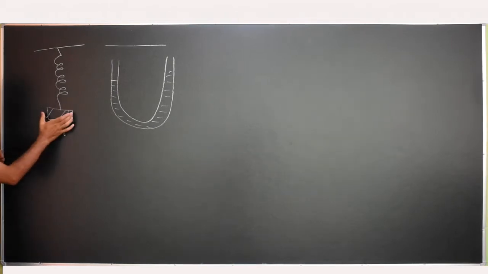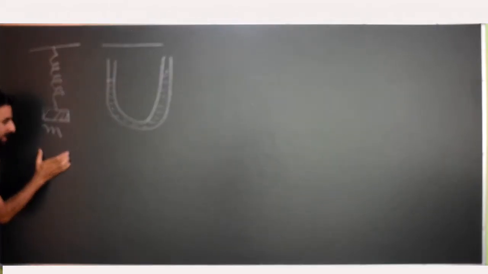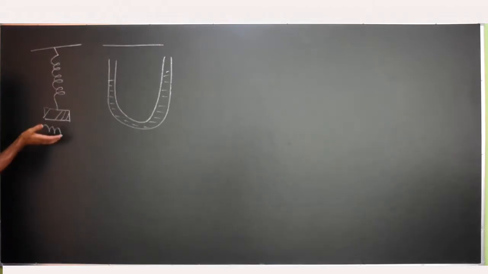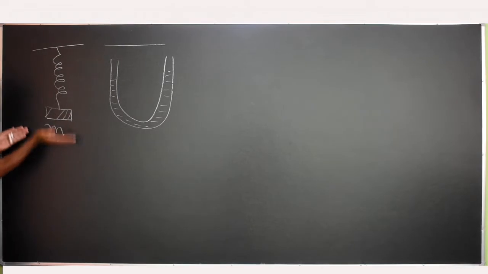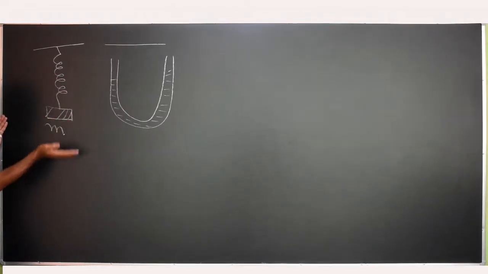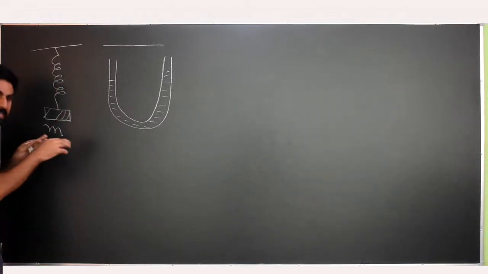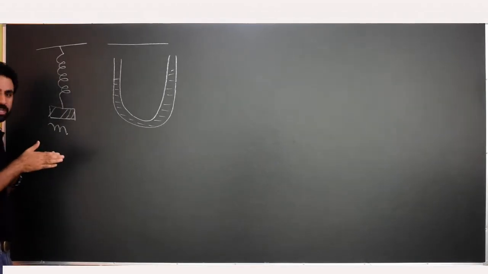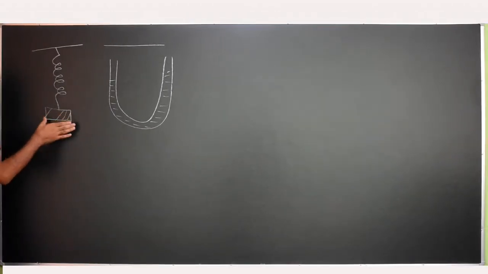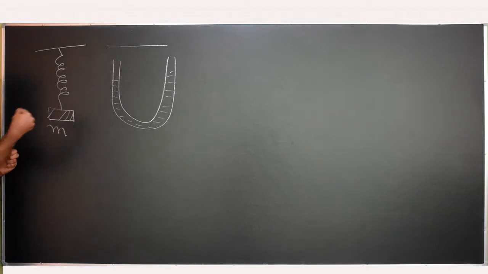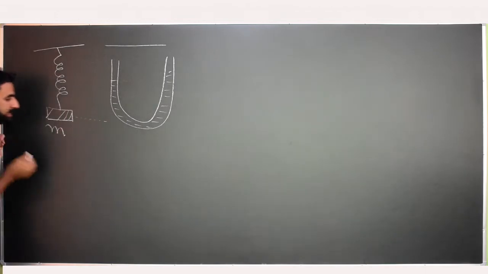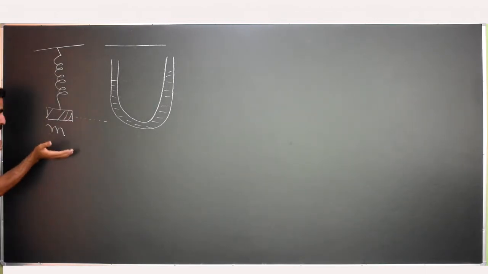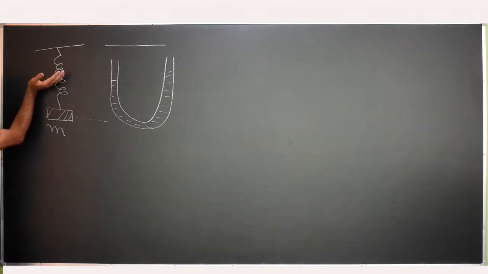Now what we do is, if we stretch this mass downwards and then release it, the motion of the spring or the motion of this mass will be in the form of this. And if we neglect any damping considerations, the motion in this case will be known as oscillatory motion, because if you assume any arbitrary origin, this mass will be going up, going down, then again up and then again down.